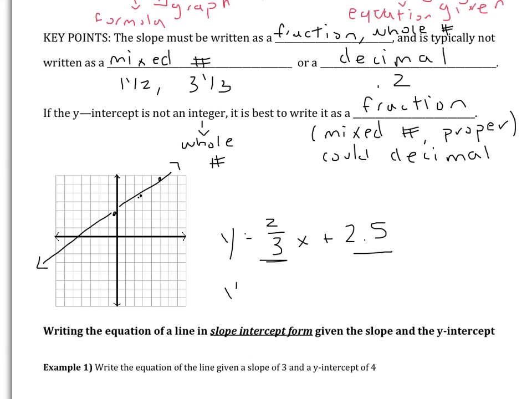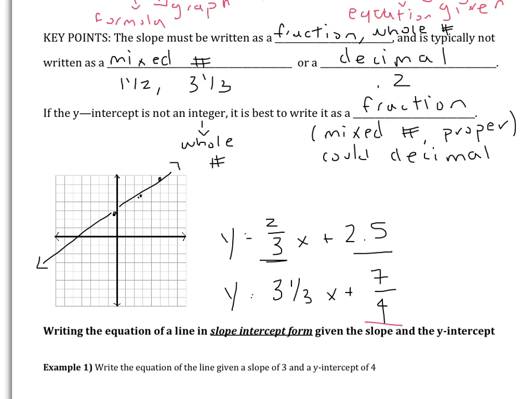I'm going to give you another example. Let's say I said y equals 3 1/3 x plus 7/4. If I went to graph this, it would be kind of hard. First of all, my y-intercept says 7/4. I have no idea where that would be on the graph.